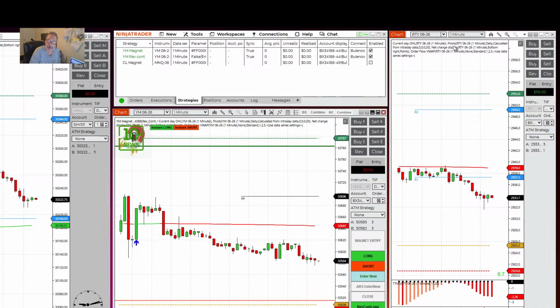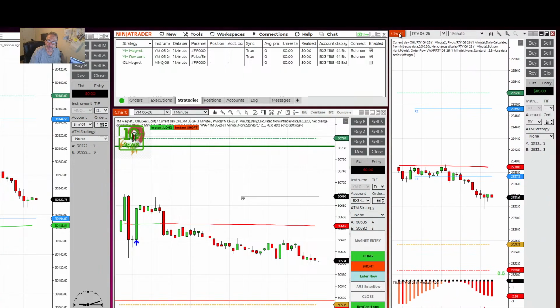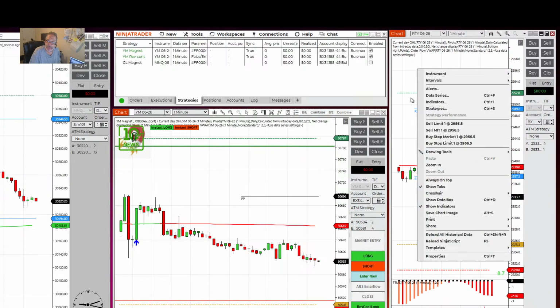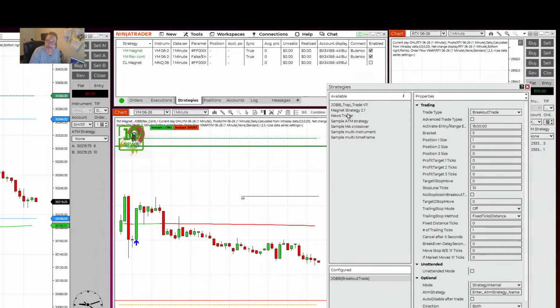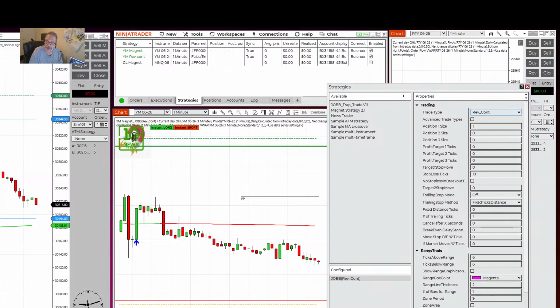Let's move over to the RTY. Put our reverse continue on the RTY. Change the breakout to a reverse continue, one position. Also a 35 target, a 35 stop.